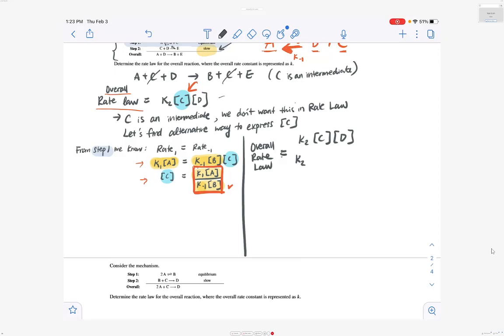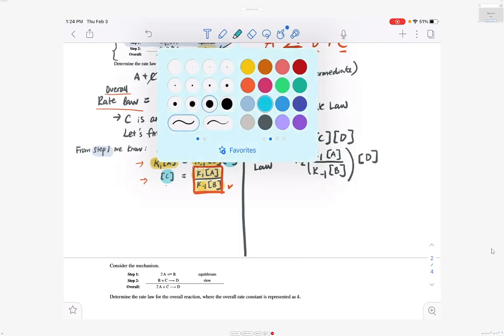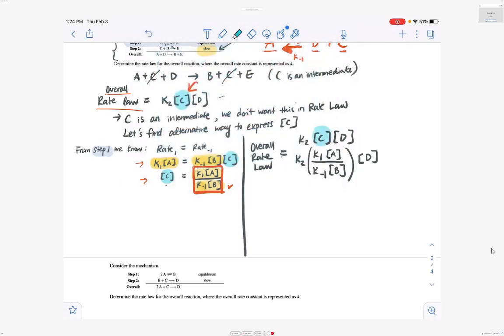Now, the concentration of C is equal to K1 concentration of A over K negative 1 concentration of B, times D. I just substituted this with this.